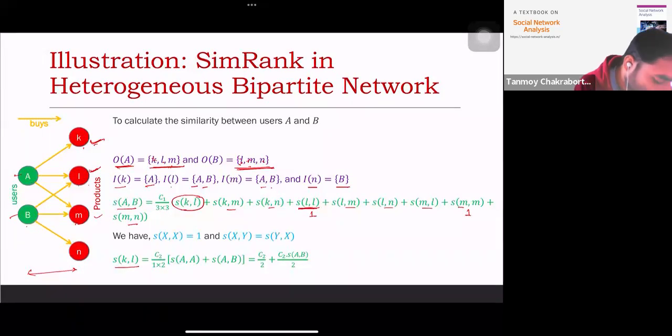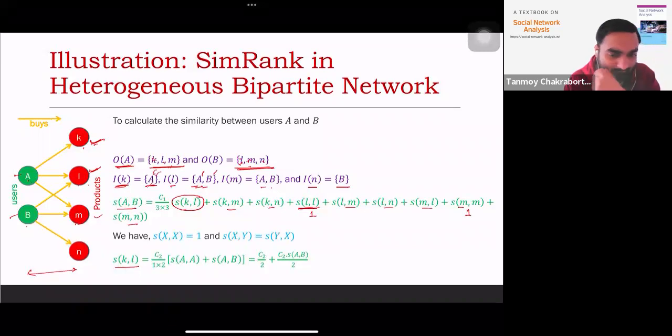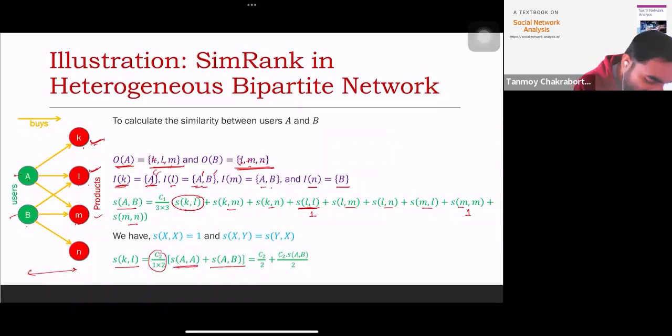How do you measure the similarity of K and L? It is based on the similarity of their inward neighbors, because K's inward neighbor is A and L's inward neighbors are A and B. So it is the constant times the similarity of AA plus the similarity of AB. The similarity of AA is 1, and the similarity of AB is something that you do not know.